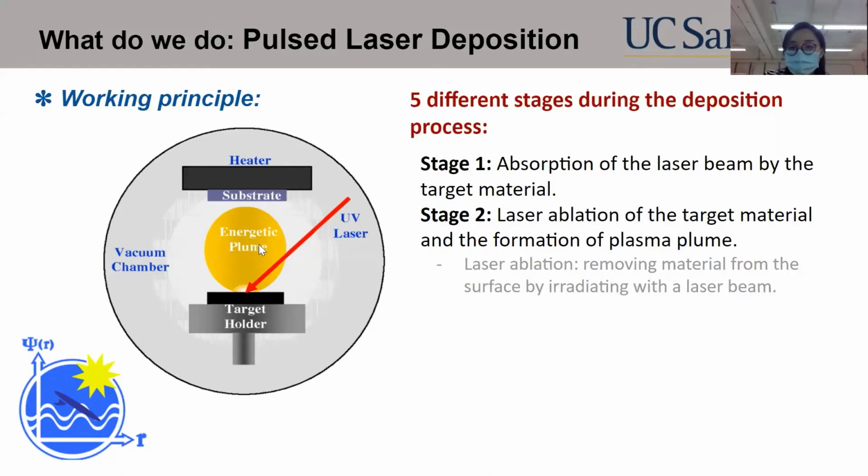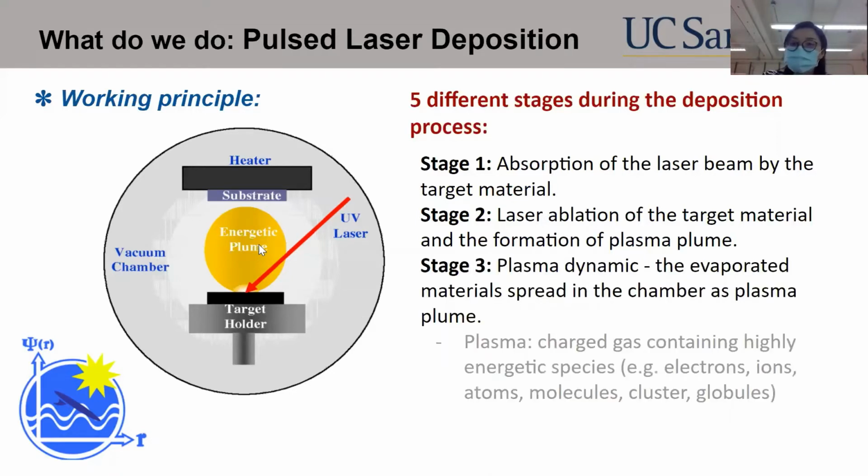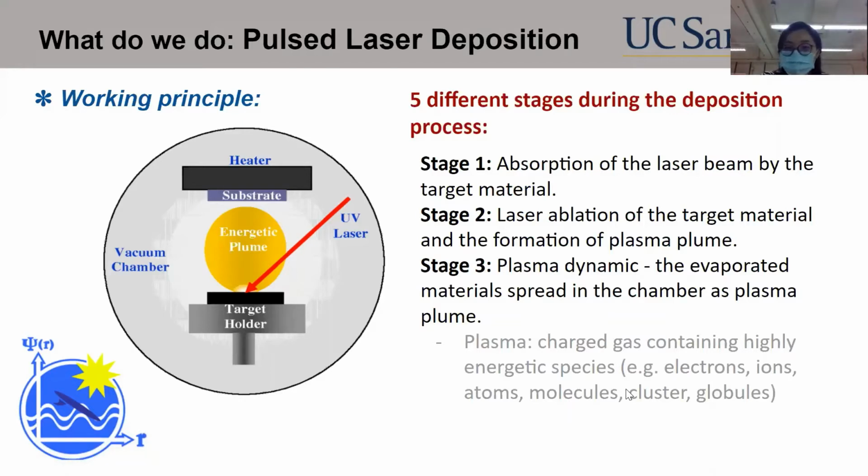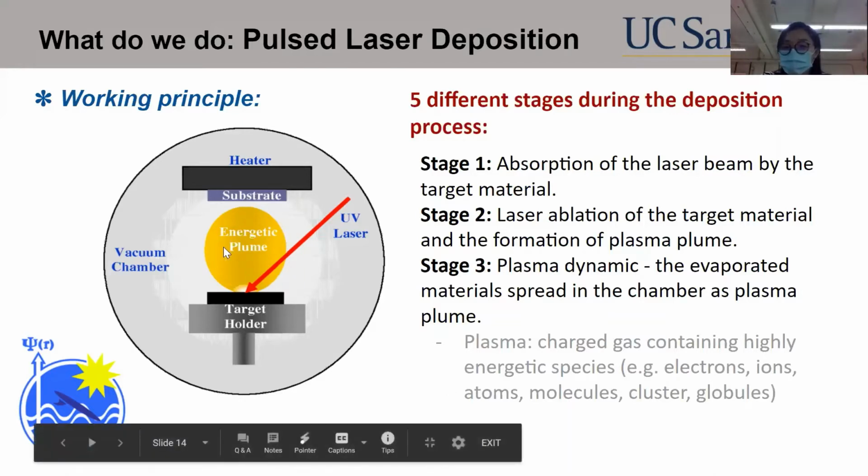The next step is plasma dynamics, where the evaporated material spreads into the chamber as the plasma plume. Plasma is similar to a gas, except it's a charged gas containing highly energetic species like electrons, ions, atoms, molecules, clusters, all kinds of stuff, very dynamic in here.